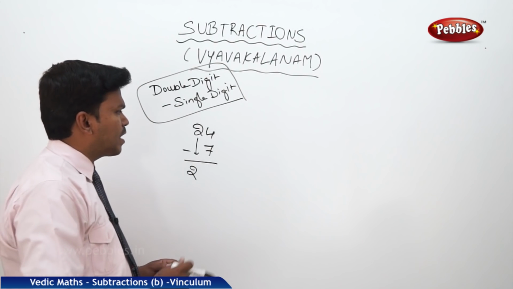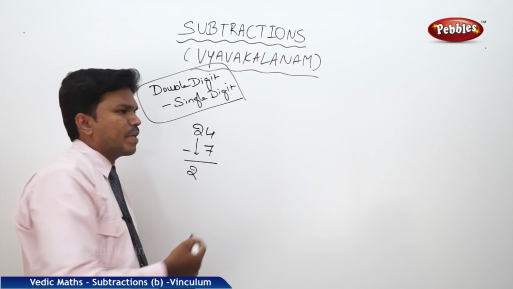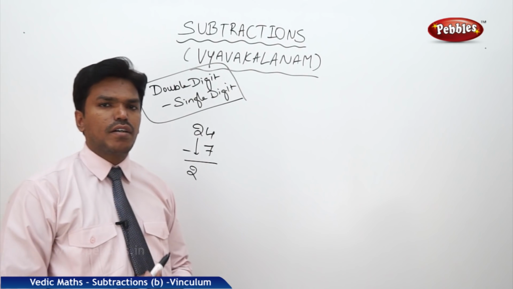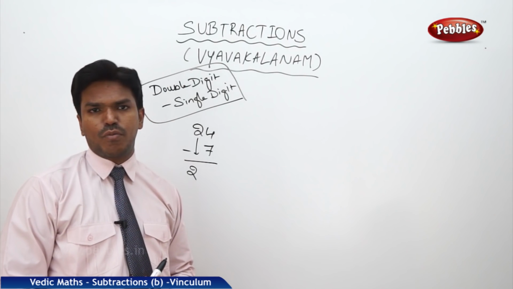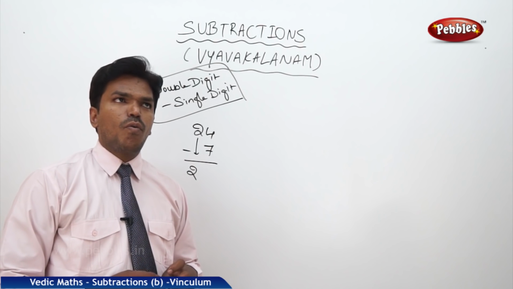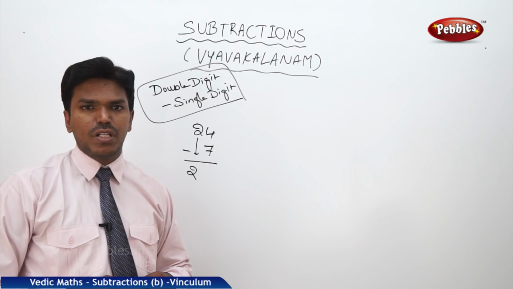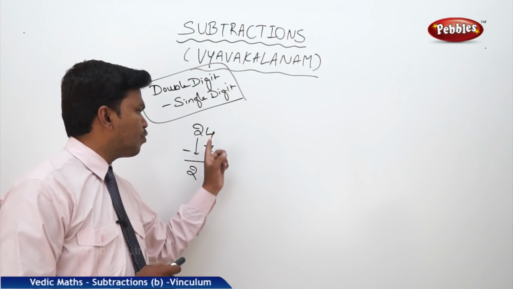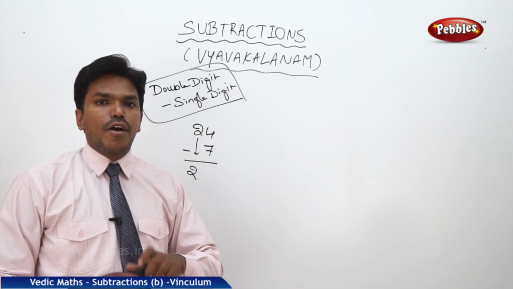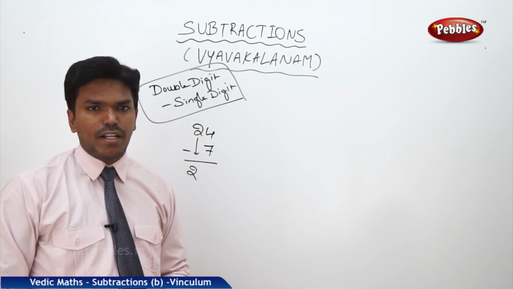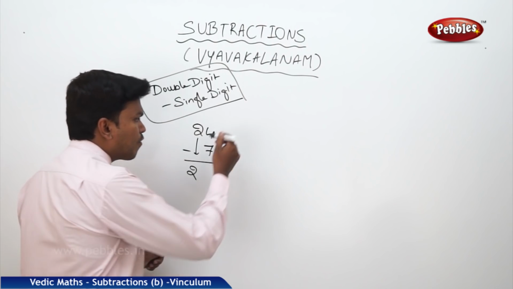Now you tell me, 4 minus 7. Is it possible to subtract 7 from 4? No, it is not possible. So when subtraction is not possible for the digits, just like 4 minus 7, you go for the reverse subtraction, that is subtract 4 from 7.